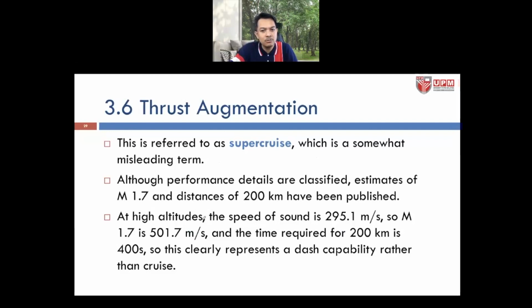At high altitudes, the speed of sound is 295.1 meters per second, so Mach 1.7 is equivalent to 501.7 meters per second. And the time required for 200 km is only 400 seconds. So this clearly represents a dash capability rather than cruise.